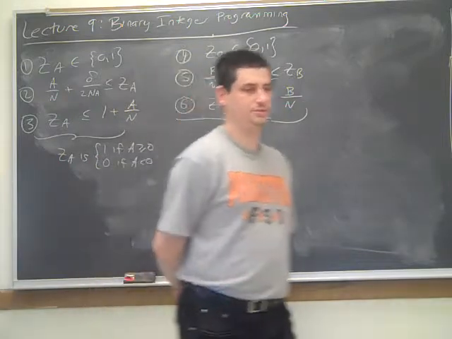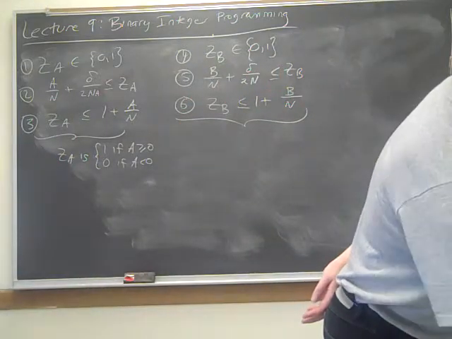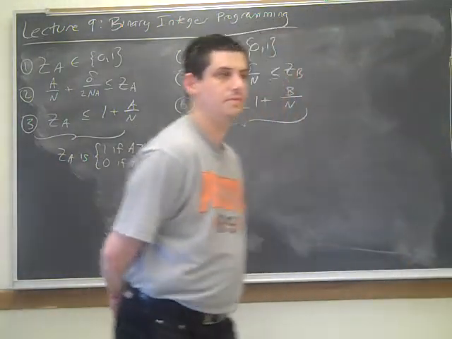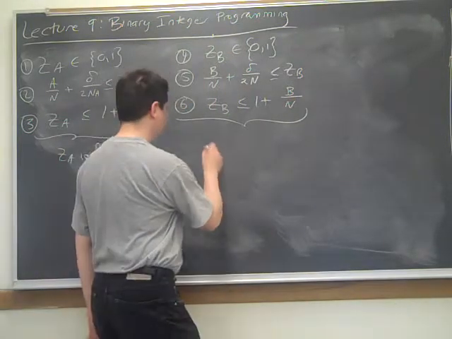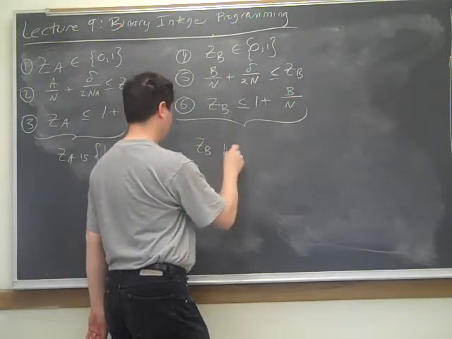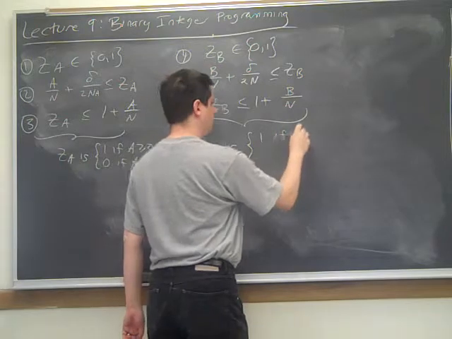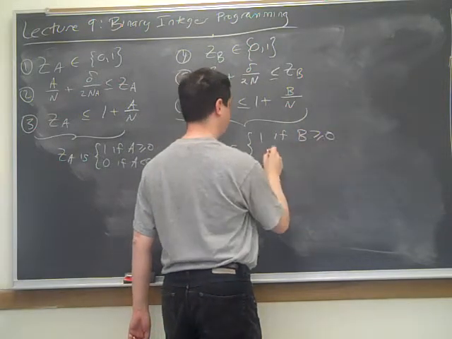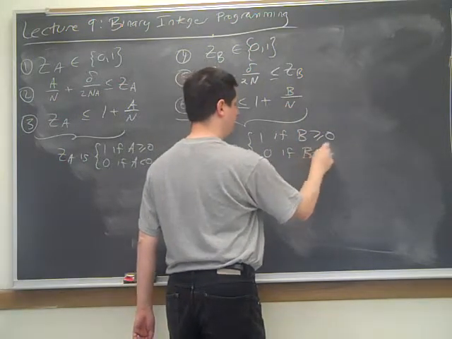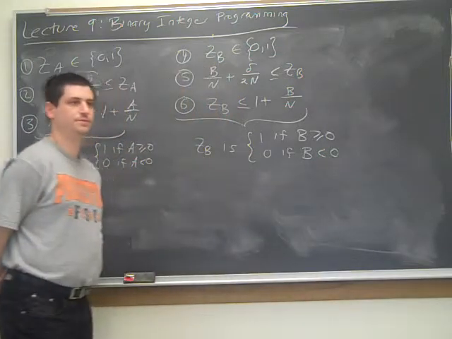And what do these do? Same thing for B. So ZB is 1 if B is greater than or equal to 0, 0 if B is less than 0.